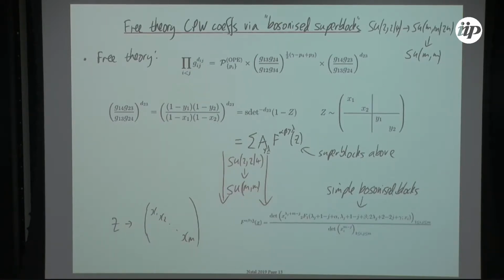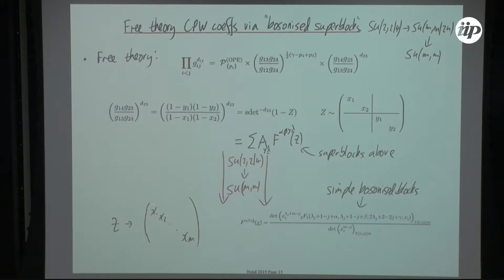The terms that appear I can think of as superdeterminants to a certain power of 1 minus this Z. The whole thing can be uplifted to any SU(m/2n) theory in this form, and in fact, you can then go down to just SU(m).